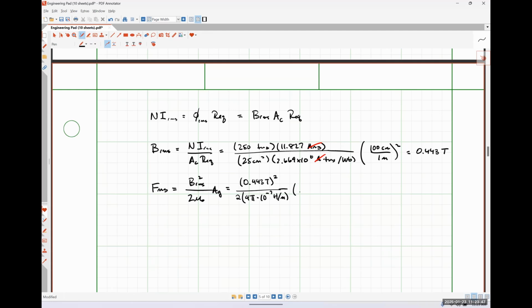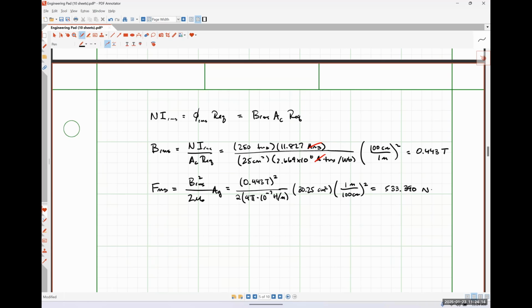And then our area was 30.25 centimeters squared, and then 1 meter over 100 centimeters quantity squared. This winds up coming out to be 533.390 newtons per air gap, essentially.